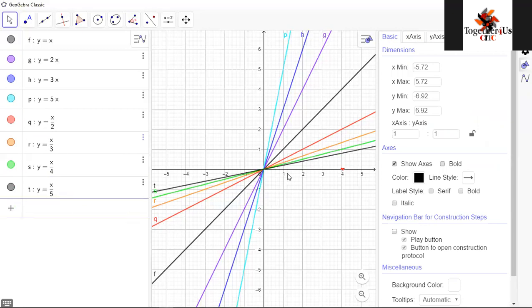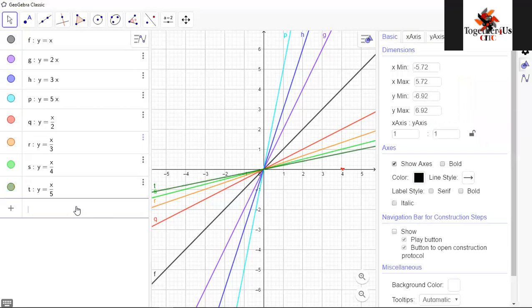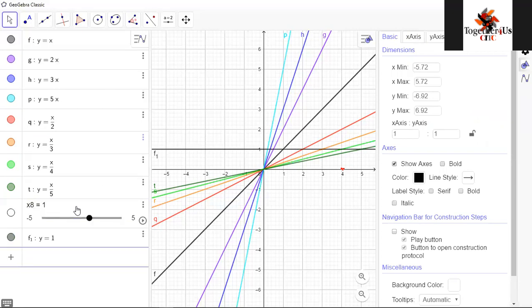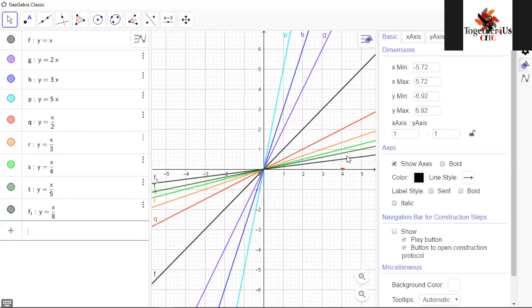And you can see here we are getting closer to our x-axis again. Maybe let's take the last one, y equals x over, let's say, 8. Sorry, I did not type that correctly. Let me retype that, y equals x over 8, and there it is.